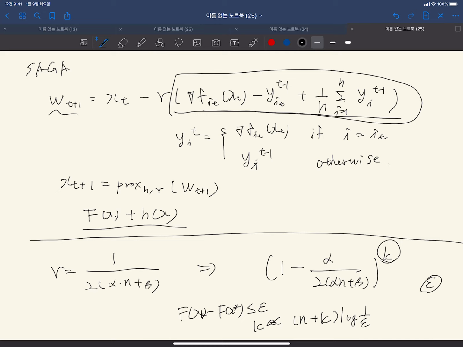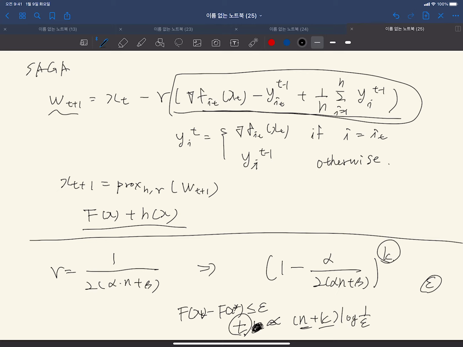This is a little bit confusing notation, so let's say t. The number of iterations should be proportional to the total size of your f_i, how many functions are in your original total function f, and it also depends on the condition number kappa.